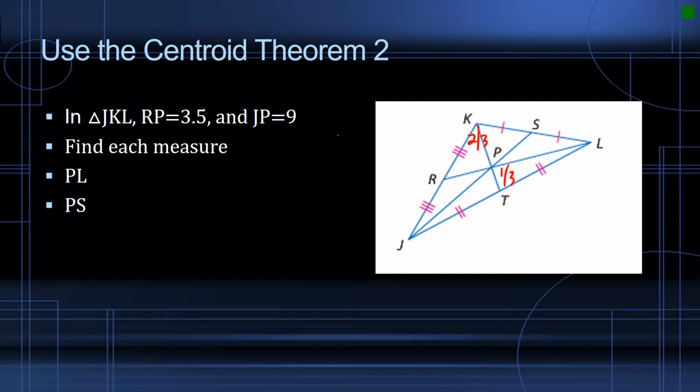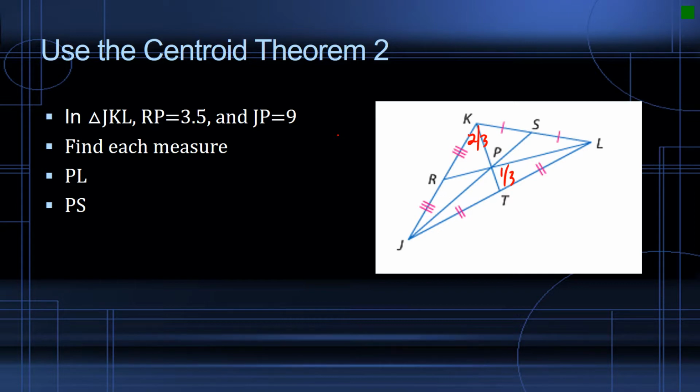There is a 2-to-1 relationship between the segments that intersect at the centroid of a median.